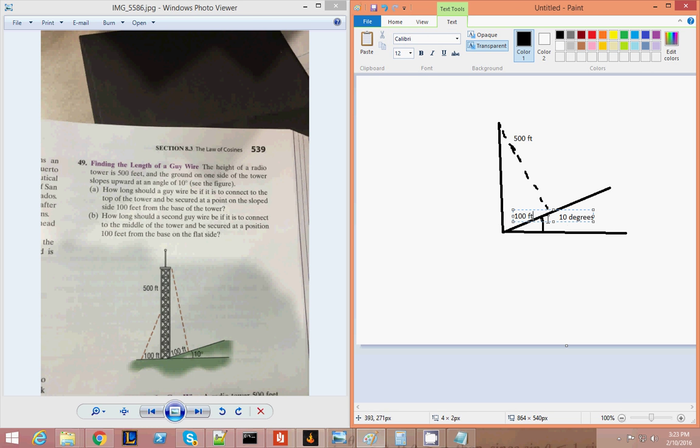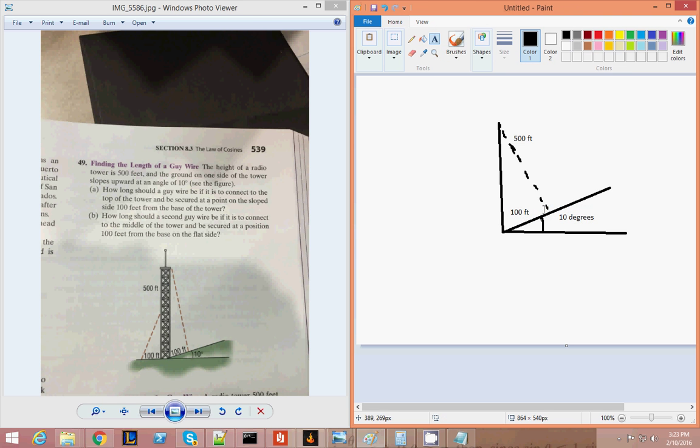So the wire's got to get to at least this far from the top on this slope.